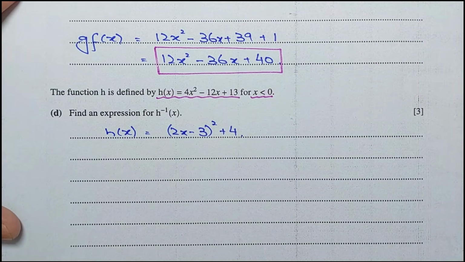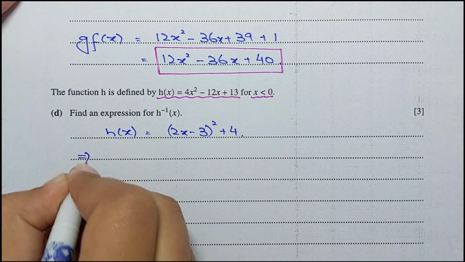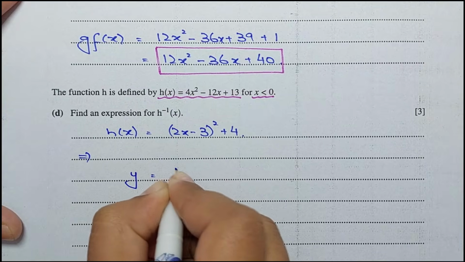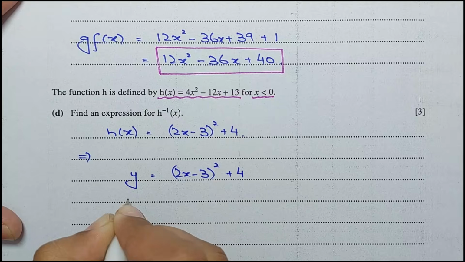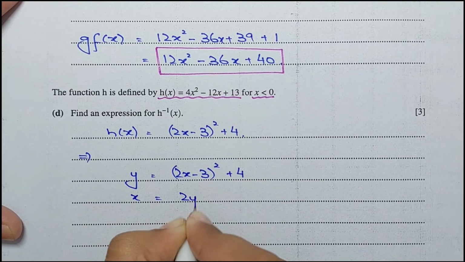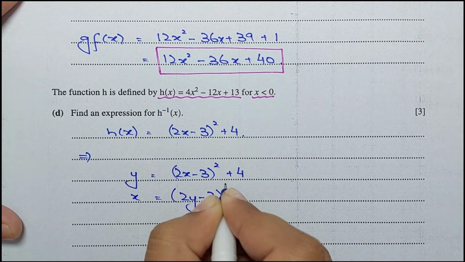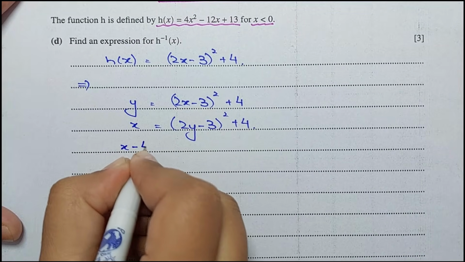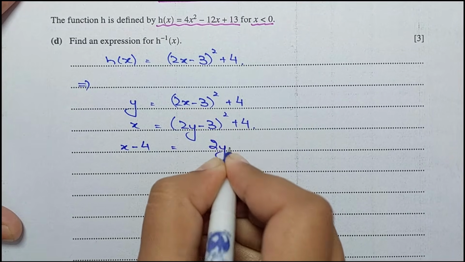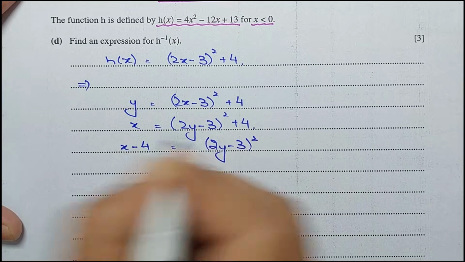Now we need to find its h inverse. So y equals h of x, so x equals (2y minus 3) whole squared plus 4. Solving for y, x minus 4 equals (2y minus 3) whole squared.